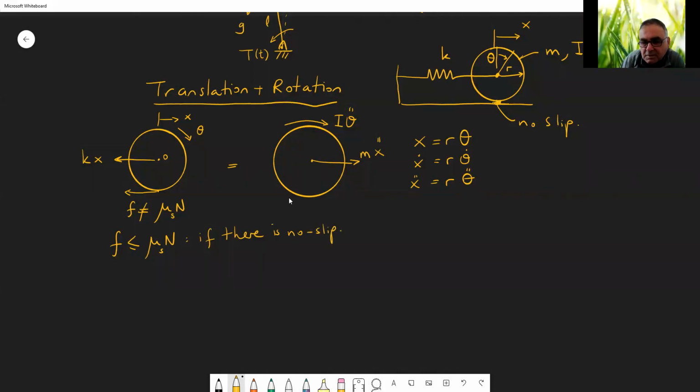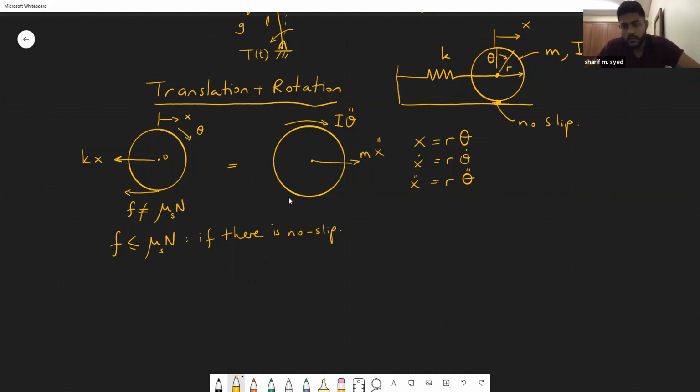No, definitely not. For the no slip condition, it should not be equal to mu k times N. If there is slip, it should be equal to mu k times N.